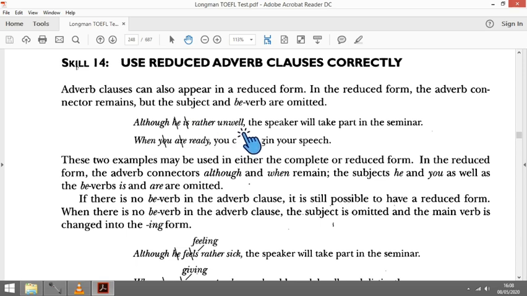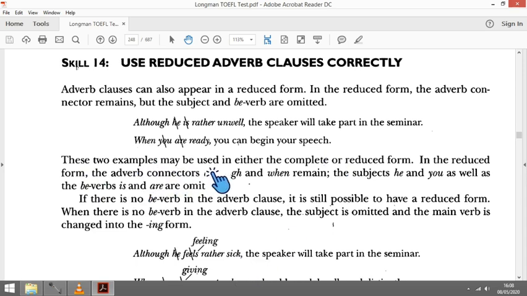Next: "When you are ready, you can begin your speech." Reduced: "When ready, you can begin your speech." Both sentences are right. The two examples may be used in either the complete or the reduced form.